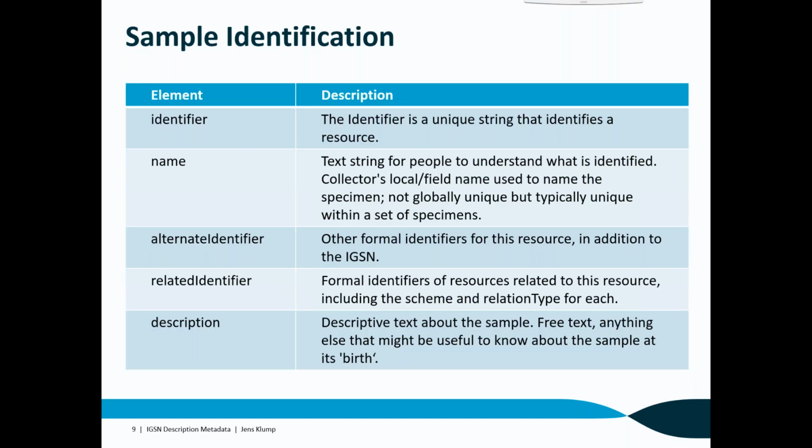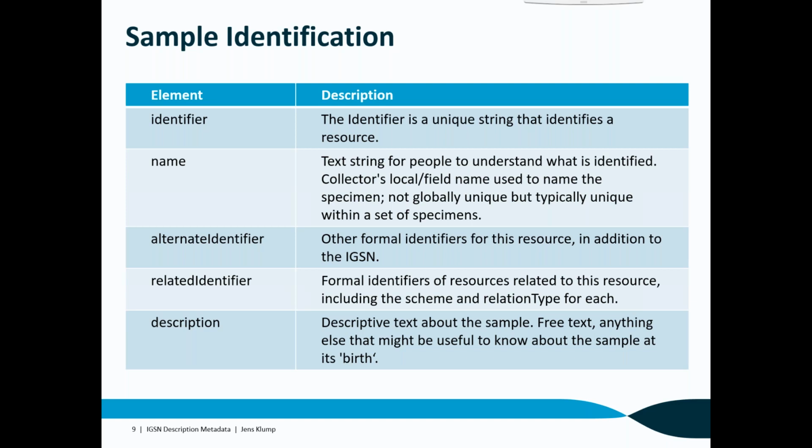So in the sample identification, we have the identifier, which is a unique string that identifies the resource. Then we have a field called name, and I will come back to this field. The text string is for people to understand what is identified, which could include the local or field name. It's not globally unique, but typically unique within a set of specimens.